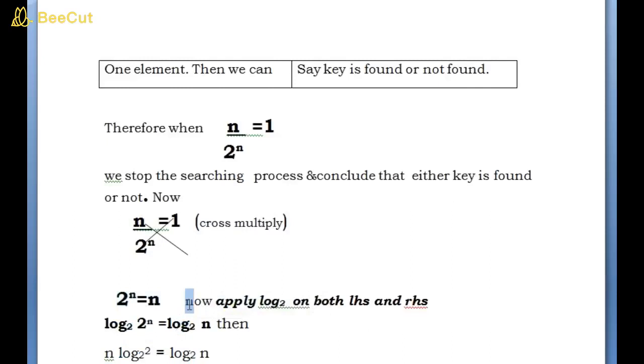Now apply log base 2, or simply log, on both the LHS and the RHS. You have to apply log on the left side of the assignment operator and the right hand side also. Both sides we have to apply log.